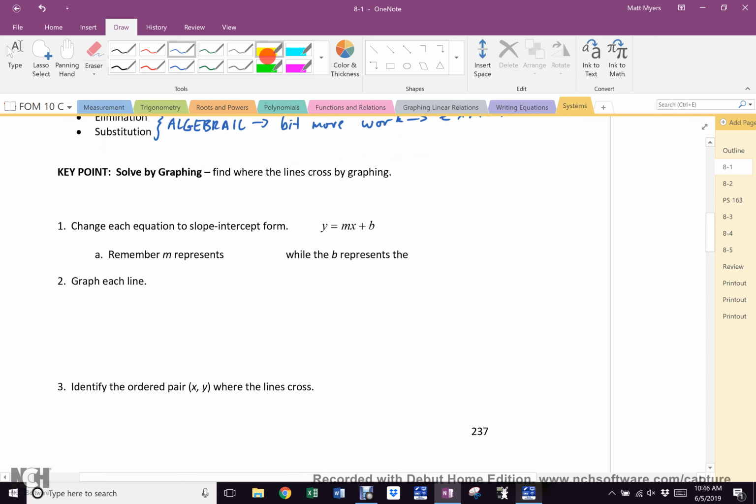So we're going to solve by graphing. If you're going to solve by graphing, you find out where the lines cross. There's a line, yes? What is that red line made up of? Points. And every single point is what? Is a value. X and Y, right?